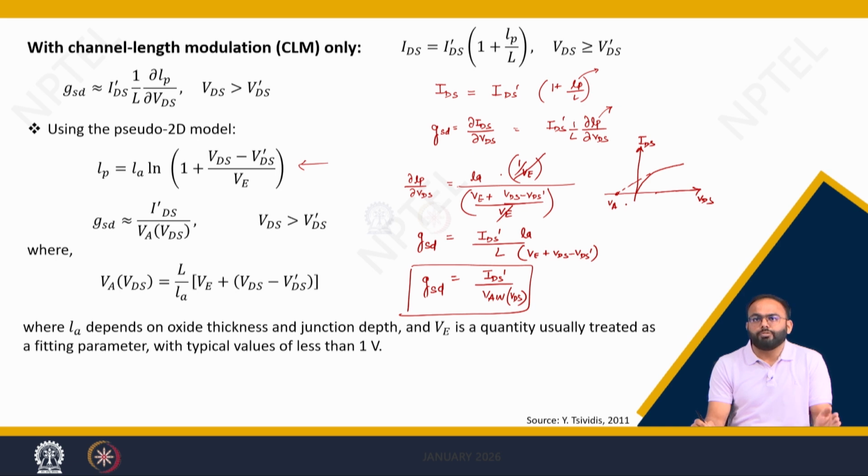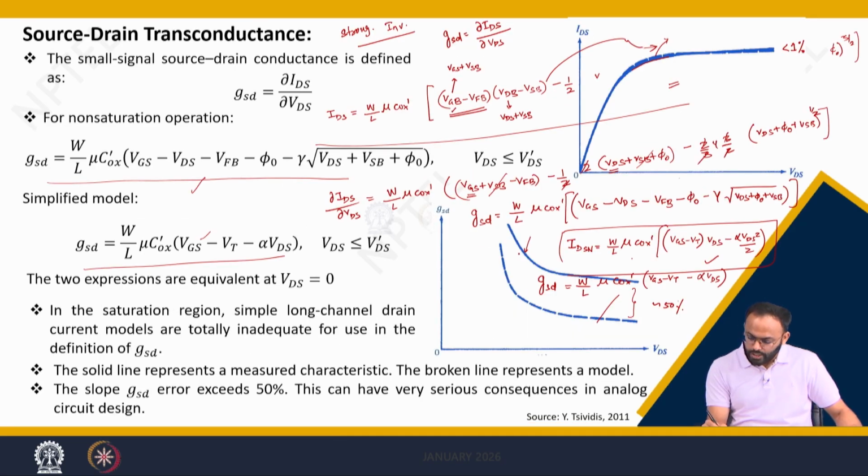There we said that early voltage is constant. However, the early voltage is not constant, it is a strong function of VDS, which gives you the actual picture or the precision in calculation of GSD. That is why we have to include the short channel parameters like CLM, DIBL, velocity saturation, etc., to reduce this error and find the precise GSD value.